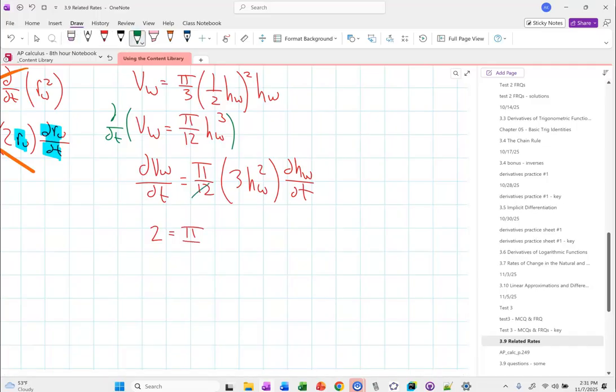And HW we're told was 3 in the instant that we cared about. So I multiply both sides by the reciprocal of 9 pi over 4.